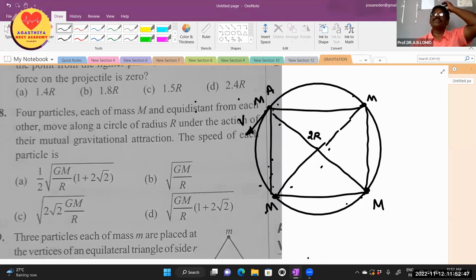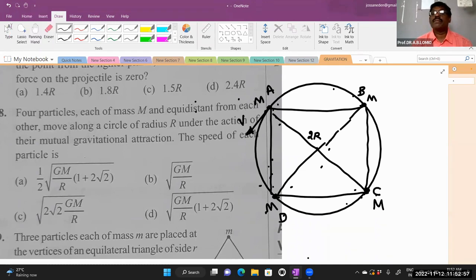Let us take a reference point, say A, on which the forces of attraction are acting from the masses B, C, and D. Let us calculate the total force acting on the reference mass using the principle of superposition.